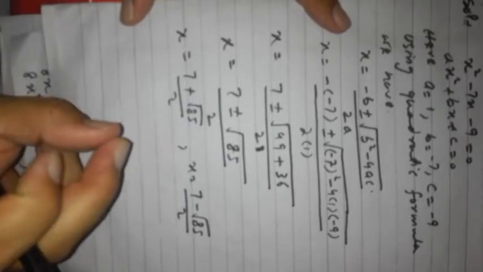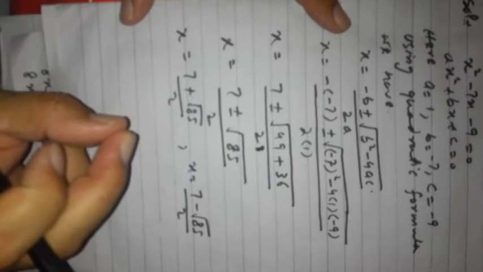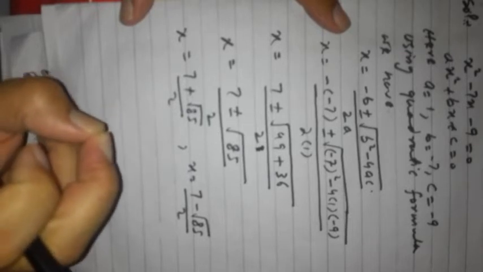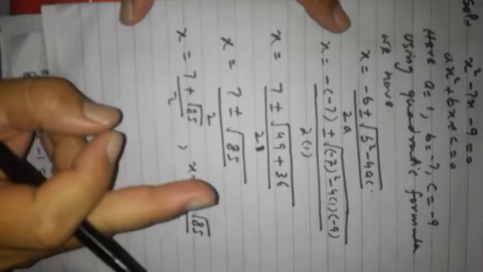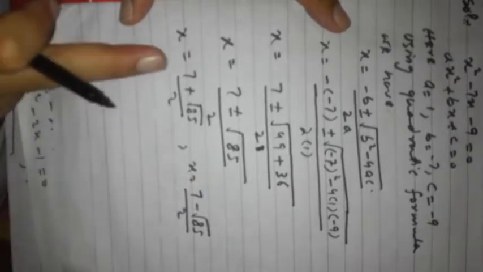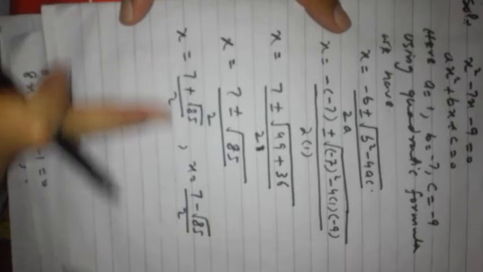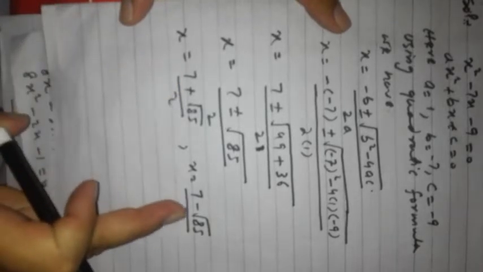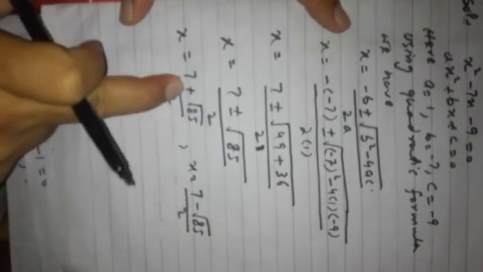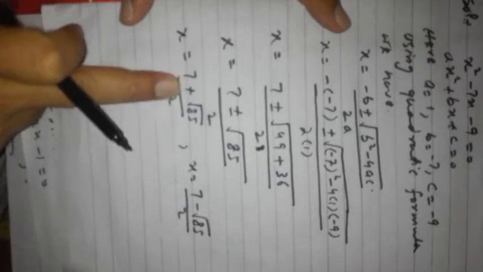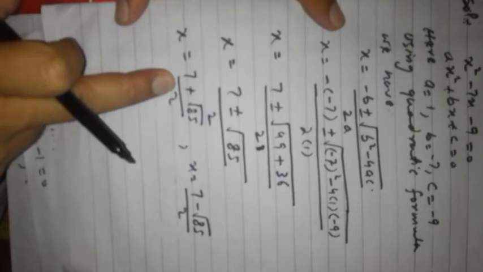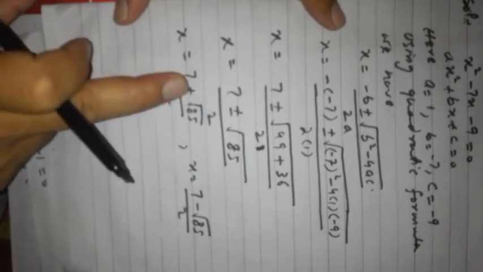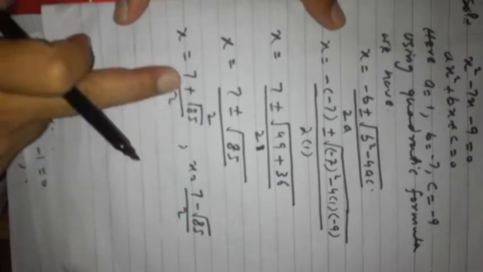Now it is given in the question to find the positive difference of the roots. So if we look at here, this one is greater and this one is smaller, because here plus sign is used and here minus sign is used. So this one is greater, so for the positive difference, we will subtract this from this.